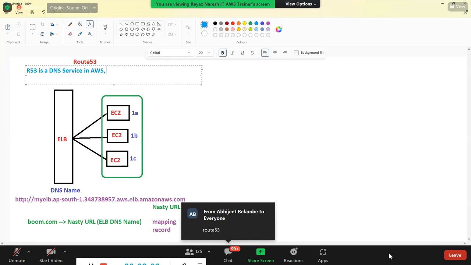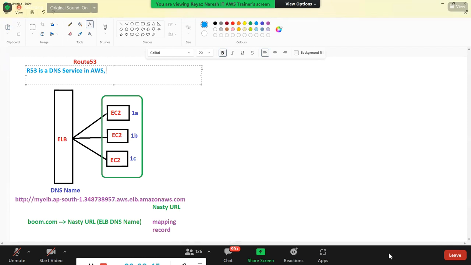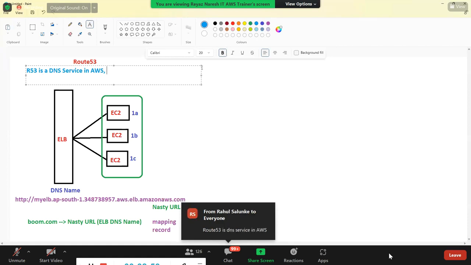Many people ask, why is it called 53? Remember, the DNS port number is 53. As Route 53 is all about DNS-related things, it is called routing. Boom.com is routing to the nasty URL. That's why it is called Route 53.